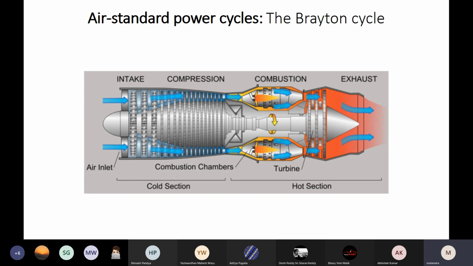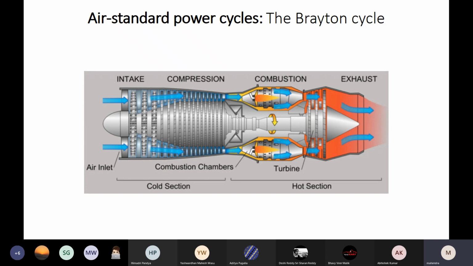In the energy generation scenario, the maximum possible amount of energy is extracted in the gas turbine. There is no expansion in the nozzle because we don't want thrust there. We just need turbine power, a shaft power.